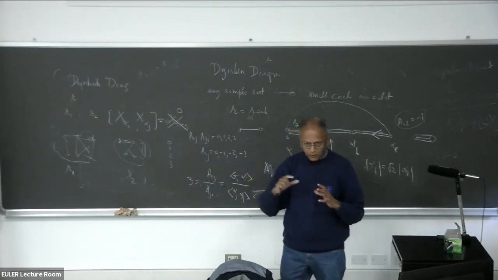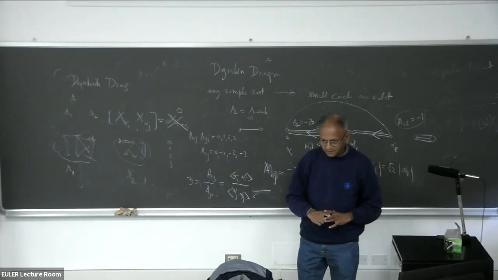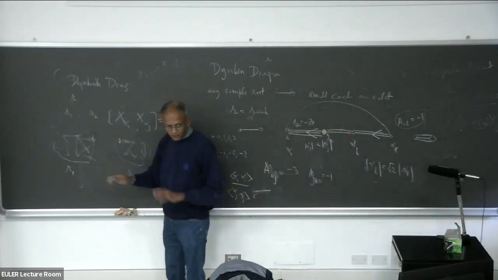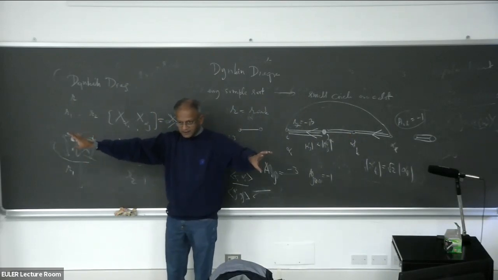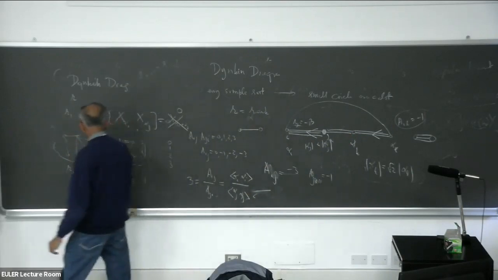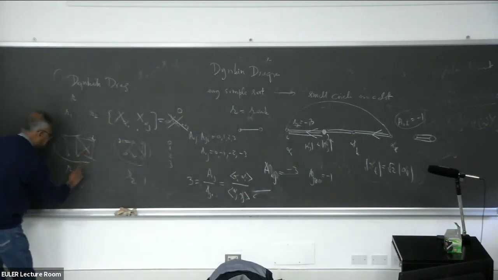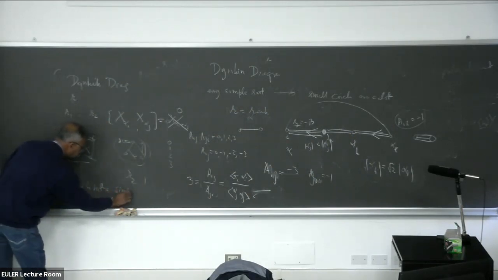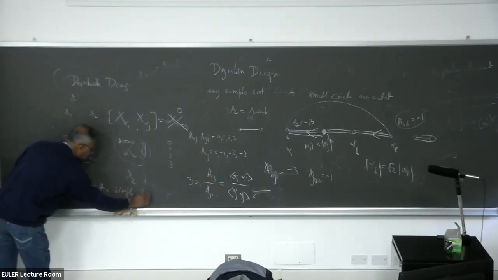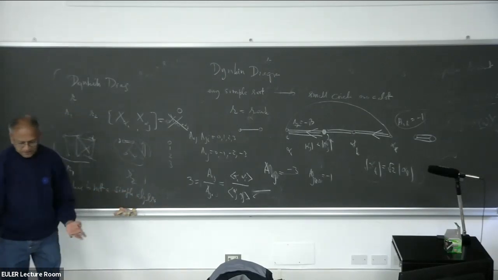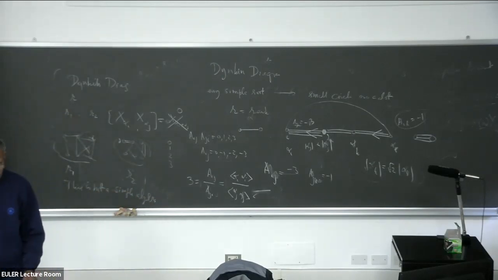So if you are talking about simple algebras, then all these things should be connected. You should not be able to split it into two disconnected sets. That's the first thing. If this happens, then this is not a simple algebra. By definition, a simple algebra is one that has no proper invariant subalgebra.